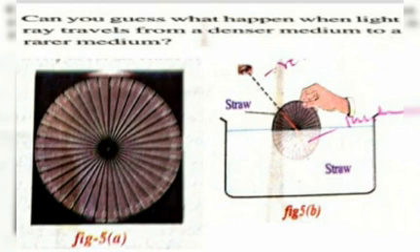So from this activity we can generalize that when a light ray travels from denser to rarer medium, it bends away from the normal and R is greater than I. We already discussed this in a previous topic: light travels from denser to rarer medium, where V2 is greater than V1.